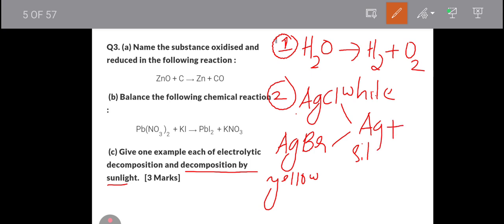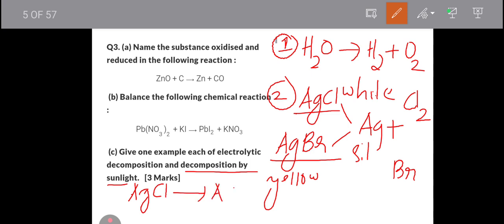Along with that, if it is AgCl, chlorine gas will be liberated, and if it is AgBr, bromine gas will be liberated. Here when AgCl is kept in sunlight, we will get Ag plus Cl2 gas.